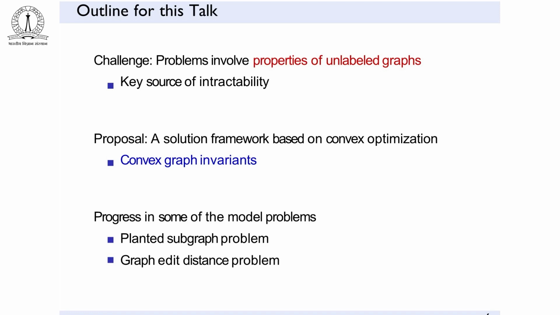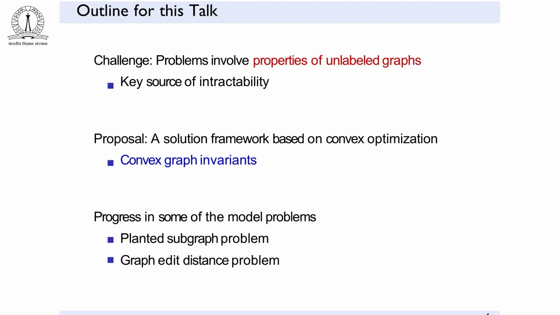So if I tell you, here is my graph, this graph is a tree. That property of the graph does not depend on how I label the vertices of the graph. Such things are called graph invariants or graph parameters. We'll talk about graph invariants or parameters that additionally are convex.